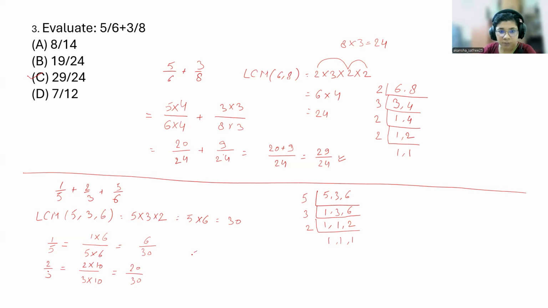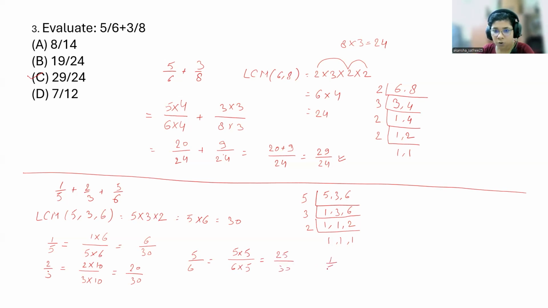Similarly, next one. 5 by 6: what do you have to multiply 6 by so that it becomes 30? 6 into 5. So 6, you multiply with 5 so that it is 30. 5 into 5, so that is equal to 25 upon 30. Now you add them up.